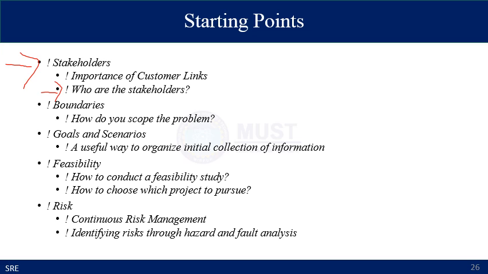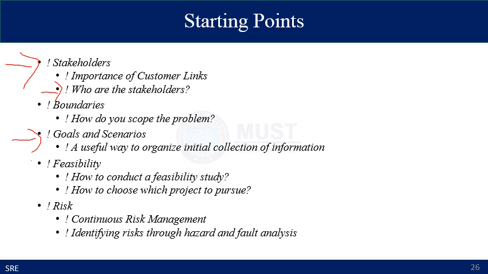Then you have to identify the boundaries of the system. In other words, you have to identify the scope of the problem and what implications it will have on the development. And then what you want to achieve is specified by the goals and the scenarios, and it is a useful way to organize the initial collection of information.